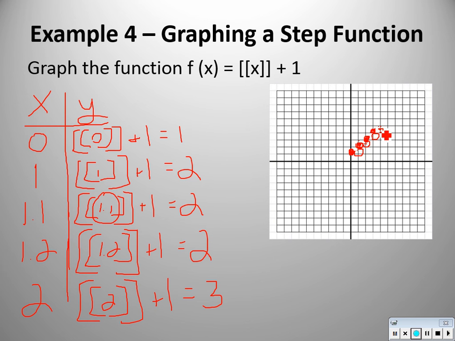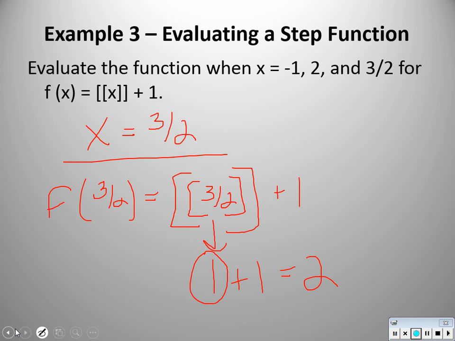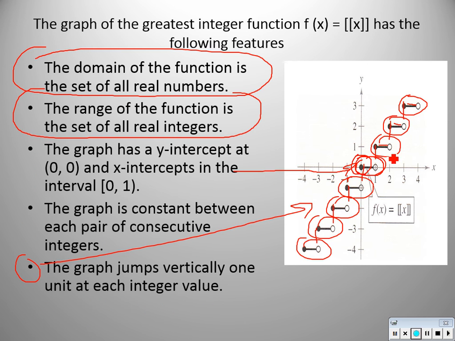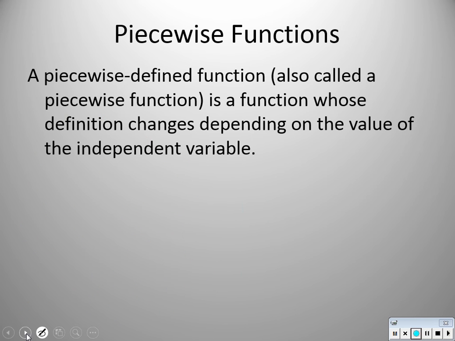Kind of tough to see here because my graph's a little bit tight, but the pattern that you're looking to fill in is the same as what this is here. Closed circle on the left, open circle on the right, horizontal line that connects the two circles. So that is the greatest integer function, otherwise known as the step function.